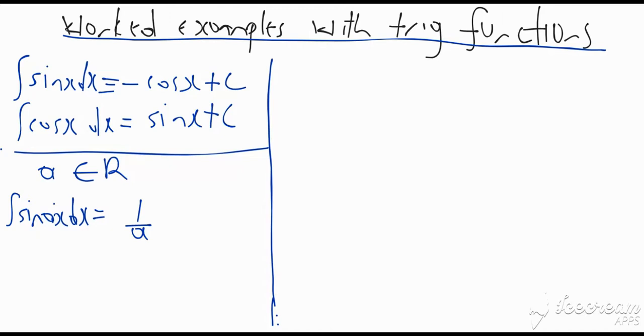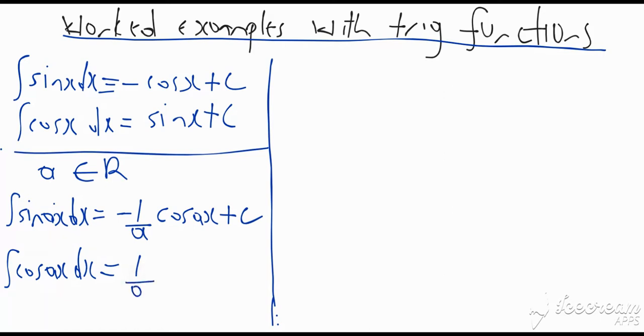So I'm going to put the minus at the front, and I'm going to have cos ax plus c. Similarly, if we were to integrate cos ax with respect to x, we differentiate the ax, which is going to give us a. So we're going to have 1 over a sine of ax plus c.